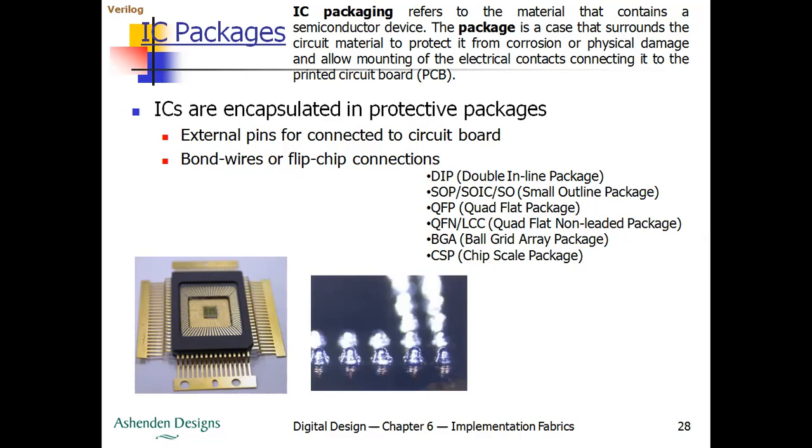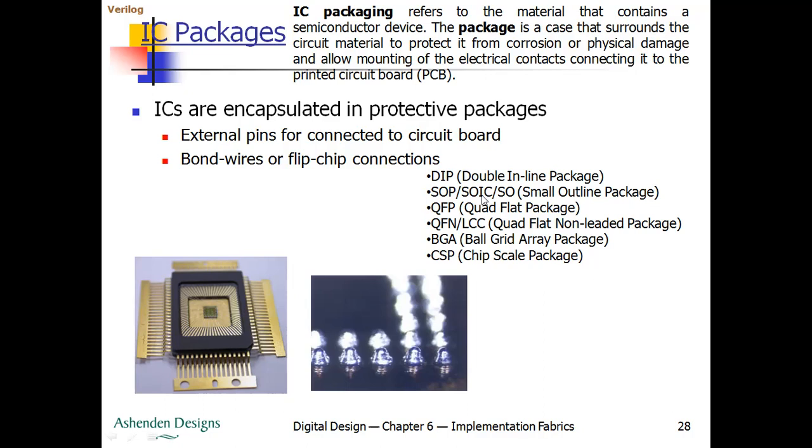So this IC package will be able to protect the IC from airborne contaminants, provides electrical connections, and removes heat also. So we have different types of IC packages with different thermal, electrical as well as physical properties.